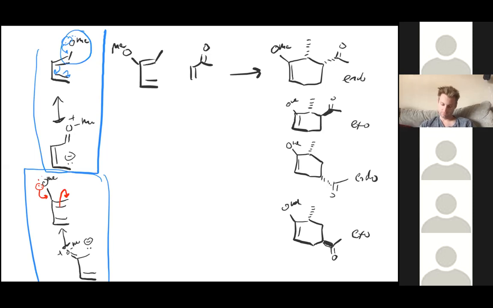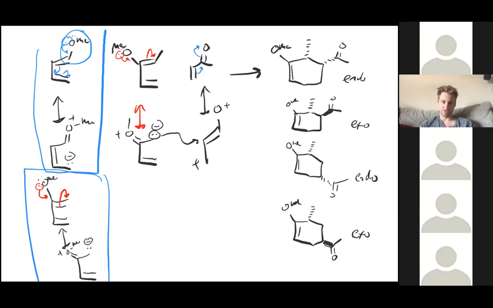Now when we do our resonance, our dienophile is always the same. But then for our diene, we'll remove these electrons. They're going to end up on top here. So for this first structure here, this would be a charge misaligned because it's going towards a neutral end.